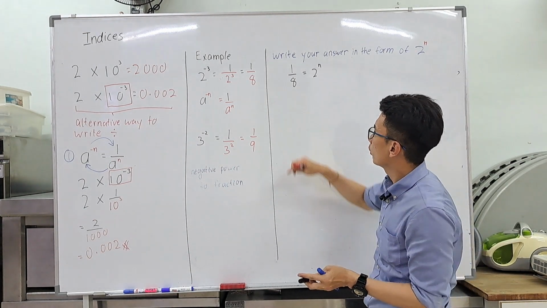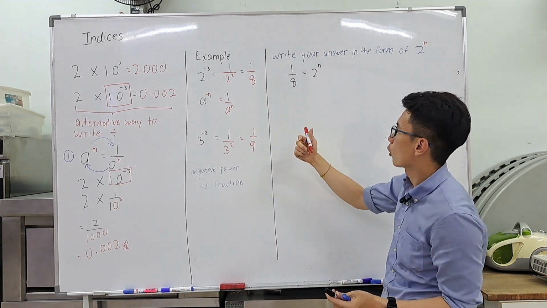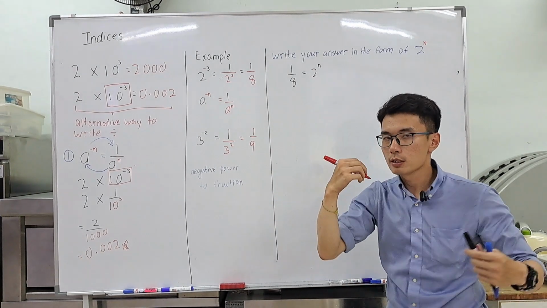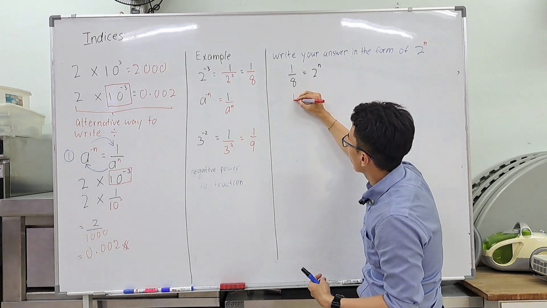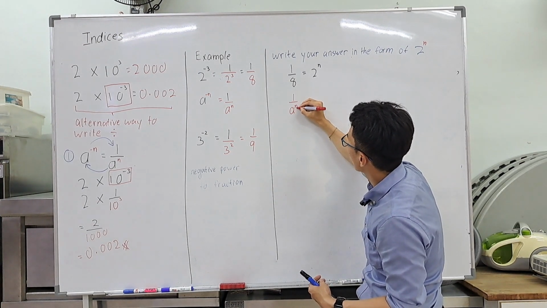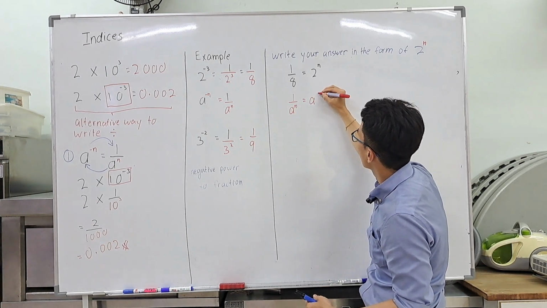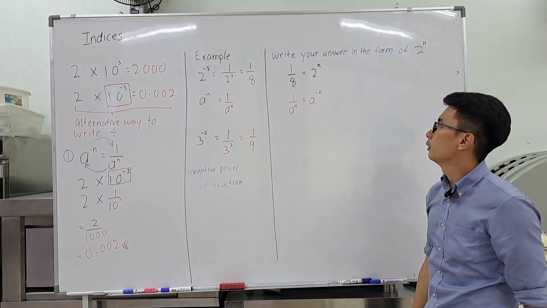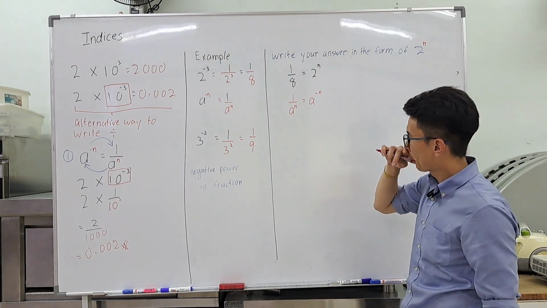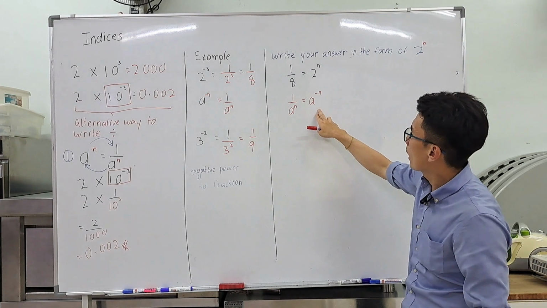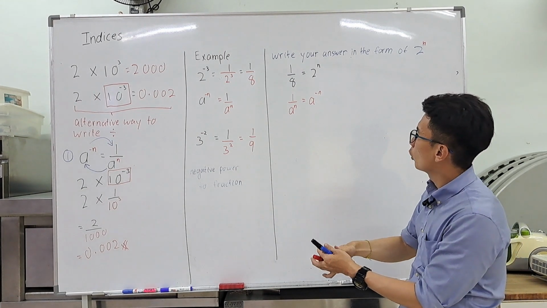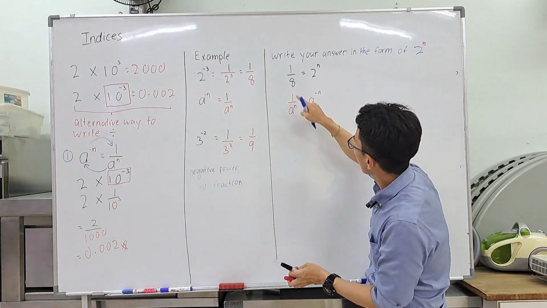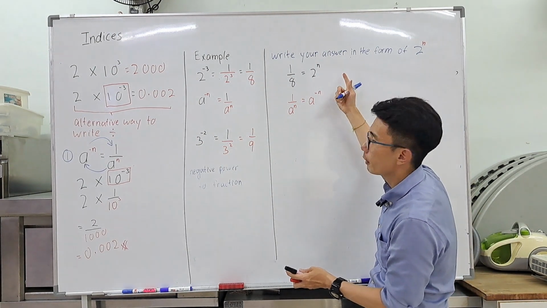Now again, I'm going to write down the formula side by side so you all can compare it, so hopefully you can see clearly what's going on. So I have 1 over a to the power of n is equal to a to the power of negative n. So I want you to take notice over here. From a fraction to a negative power, what should I do?